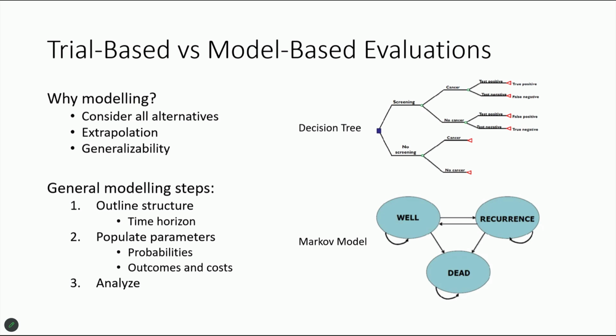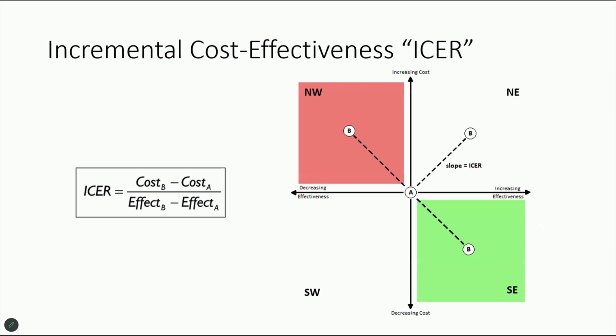And these Markov models, which represent all relevant health states and the associated outcome and cost, as well as all possible transitions between those health states and the associated probabilities. Then a separate model is constructed for each intervention, and the outcomes and costs are accumulated as the model iterates.